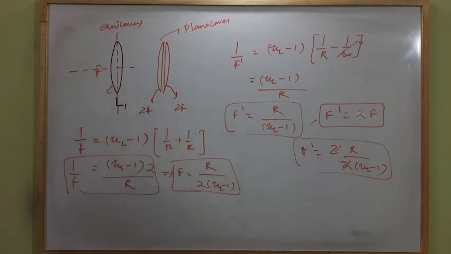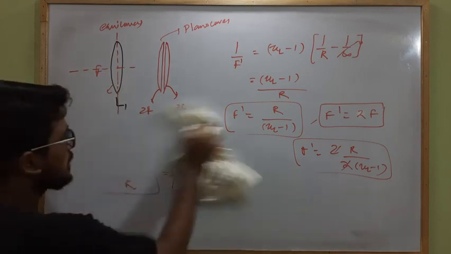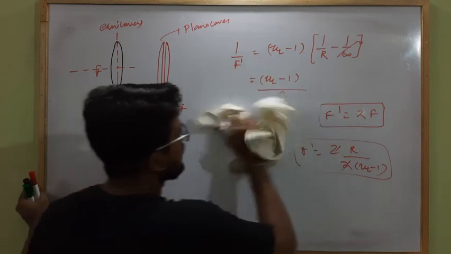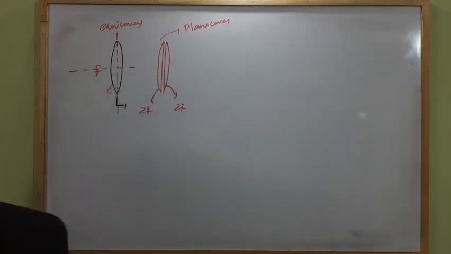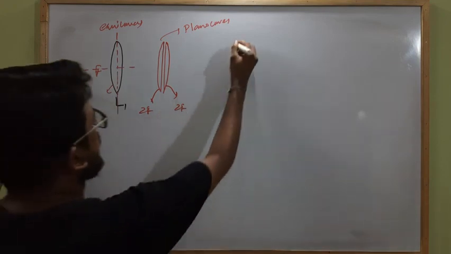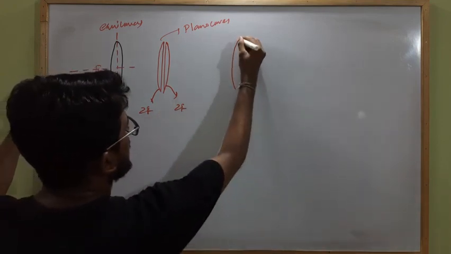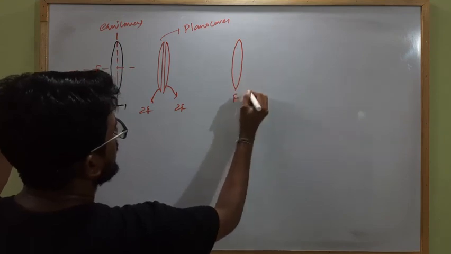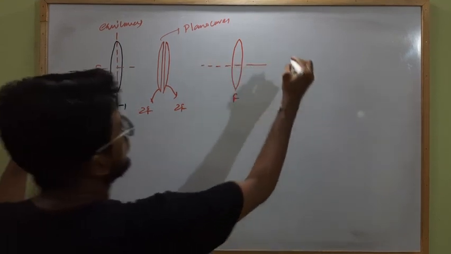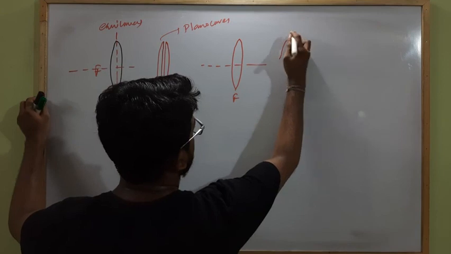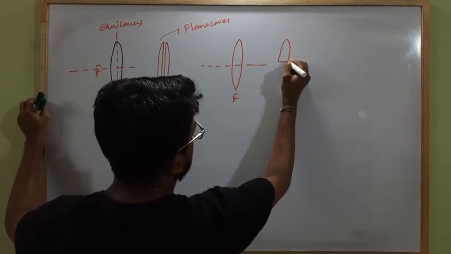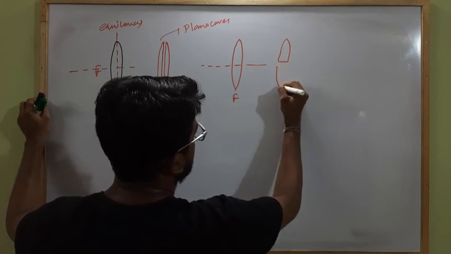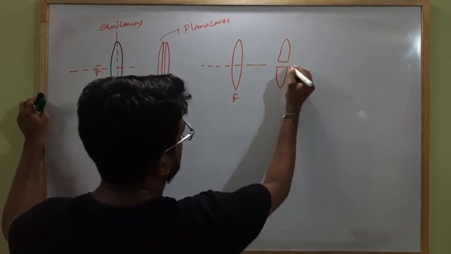Clear? But if the lens is cut along the principal axis, you have to remember this relation. If this is the lens having focal length f, and I cut it along this direction, it will become like this. This is a part, and this is a part.